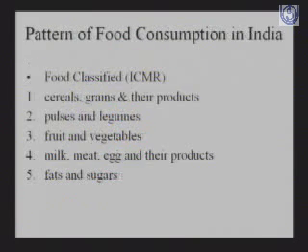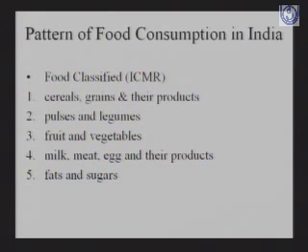So what is the pattern of food consumption in India? ICMR has classified food into 5 categories: cereals, grains and their products; pulses and legumes; fruits and vegetables; milk, meat, eggs and their products; and fats and sugar.